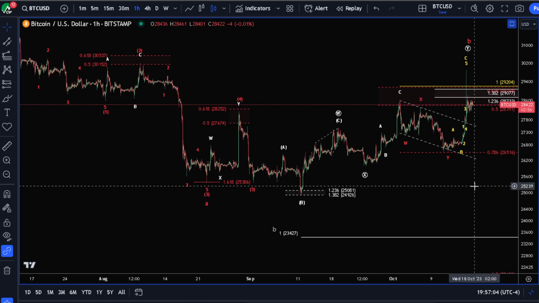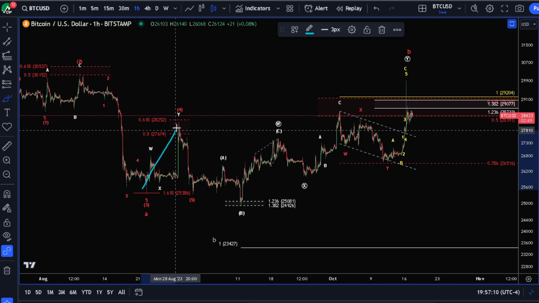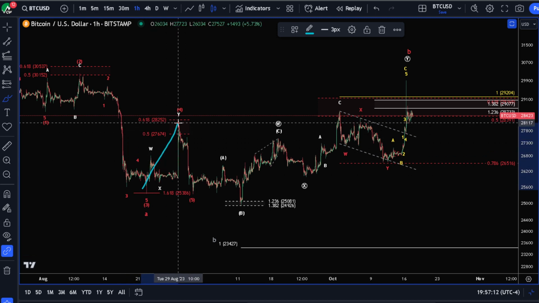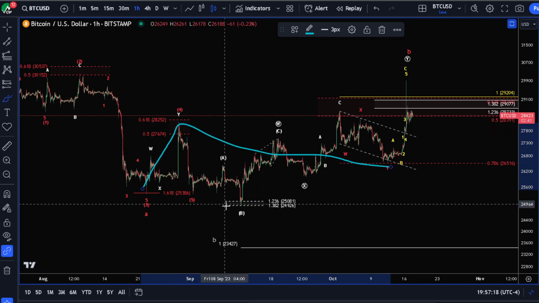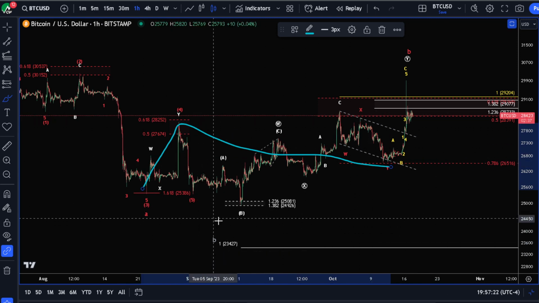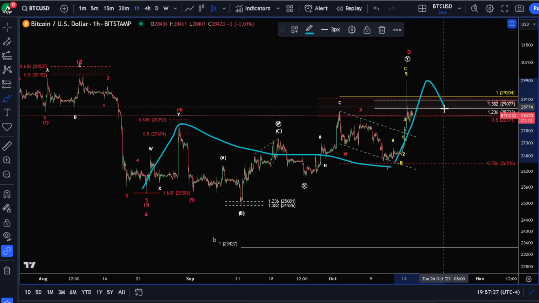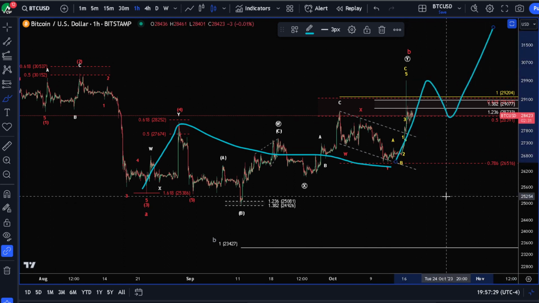So if it's not correct, what that would mean to me is this would be our W wave. This is if we need to go for upside. This would end up having to be an X wave as a flat. As a WXY flat pattern, and we'd be making more waves to the upside over here.